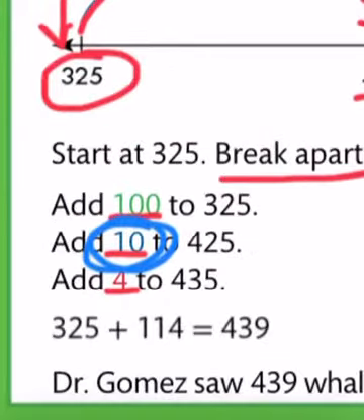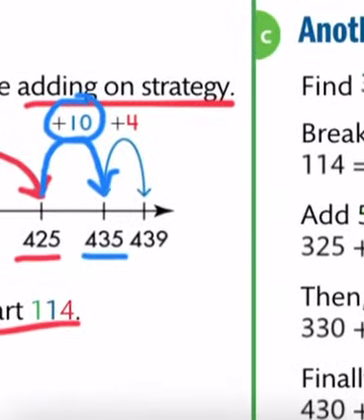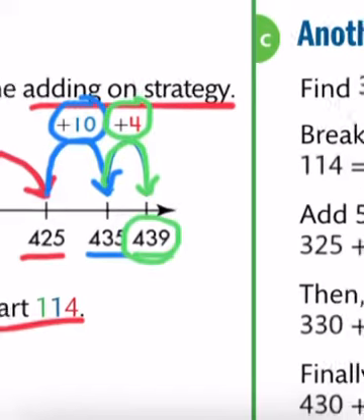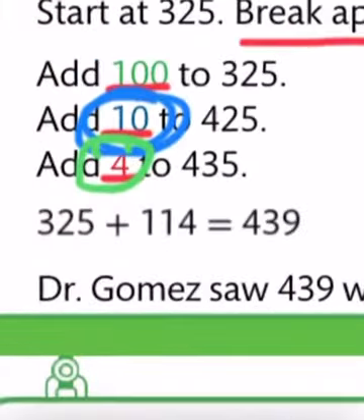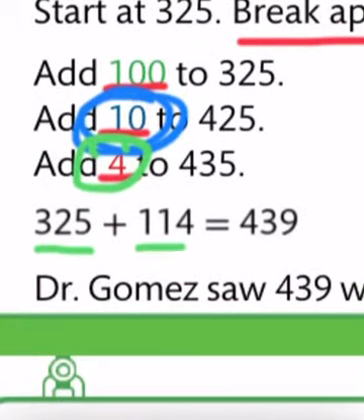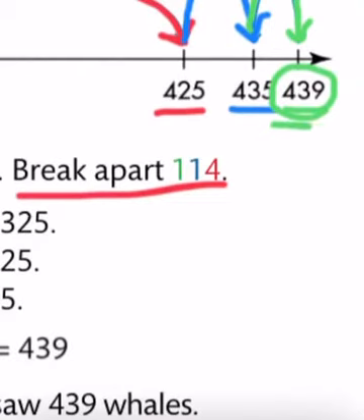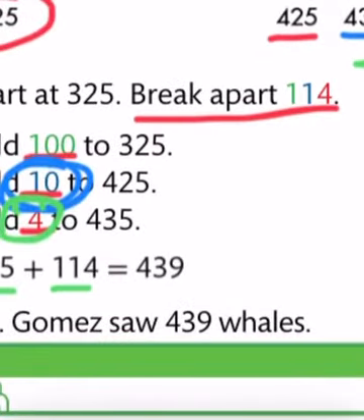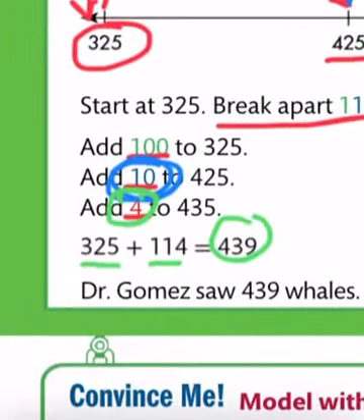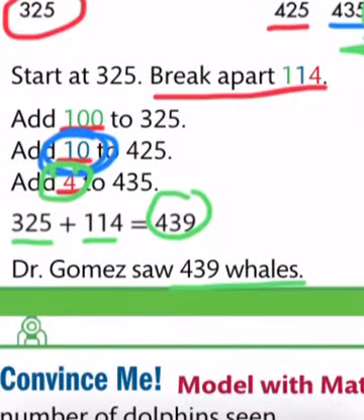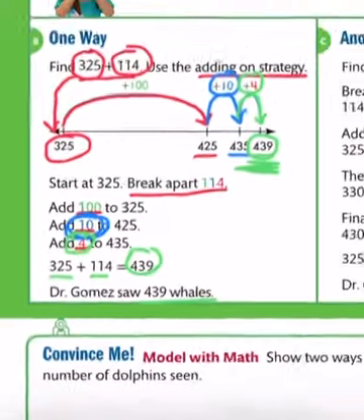And then the last step would be to add 4. So we have 435 plus 4 more, and we end up with 439. So 325 plus 114 equals 439. As a result, Dr. Gomez saw 439 whales. That's one strategy.